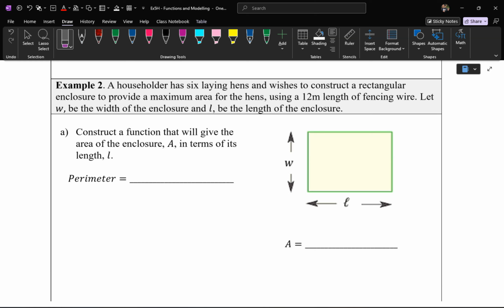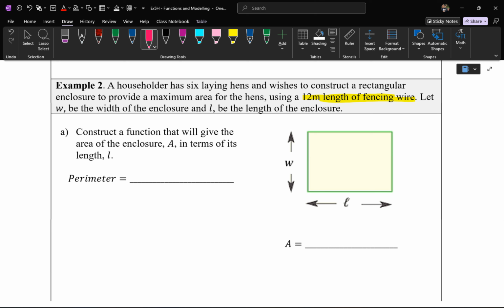Let's have a look. For those who weren't sure, this is how we start. We said that it is a 12-meter length of fencing to create this rectangular shape. So that means that if you add all the lengths together of this rectangular shape, it should add up to 12 meters, because we used a 12-meter length of wire and bent it to make a rectangular shape.